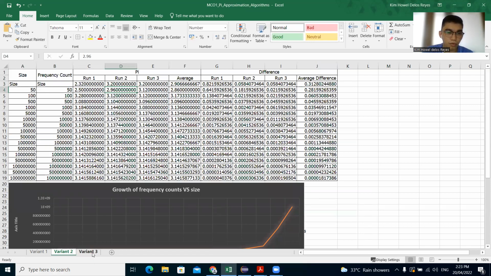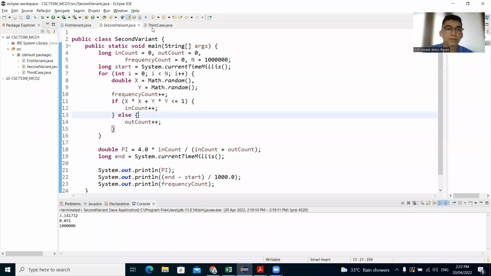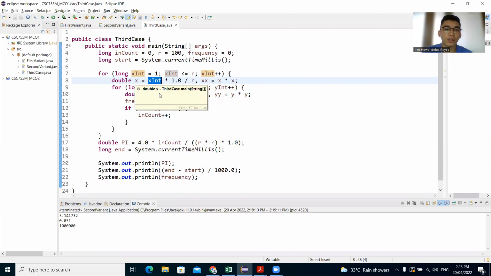Okay, so for variant 3, this is the third variant of the pi approximation algorithm. What we're essentially doing is we convert the integer value from 1 to r to a decimal and check if that point, containing x and y as an ordered pair, resides inside the shaded region.